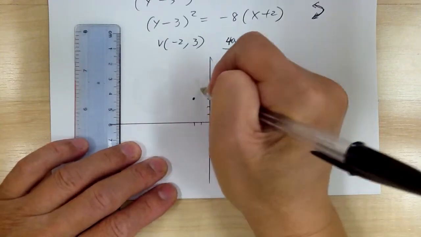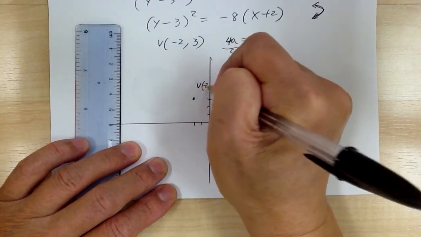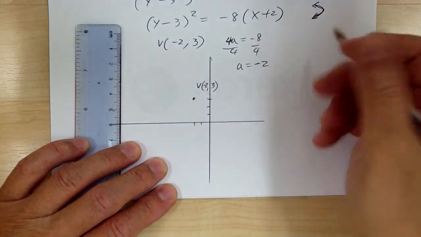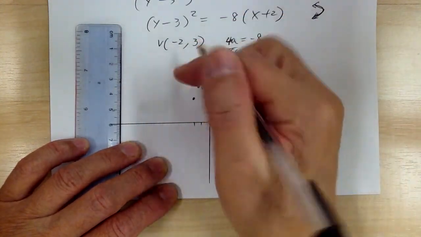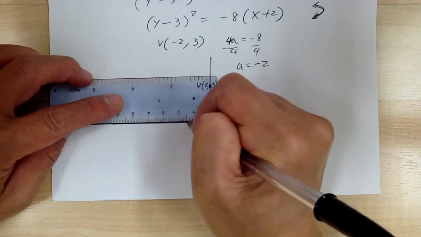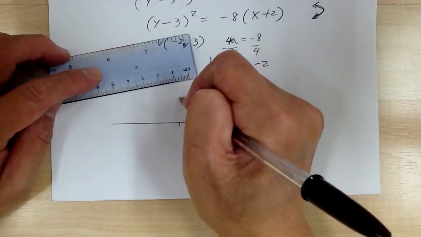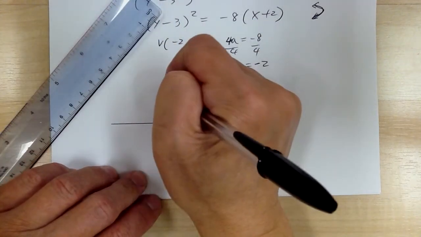So that's the vertex over here. So vertex is negative 2, 3. And you have to go 2 that way, right? Negative 2, so negative x direction, you have to go by 2. So you go 2, then that's where you get the focus.